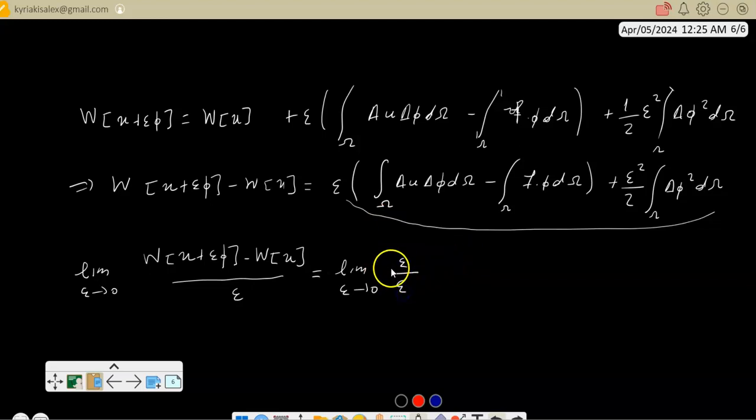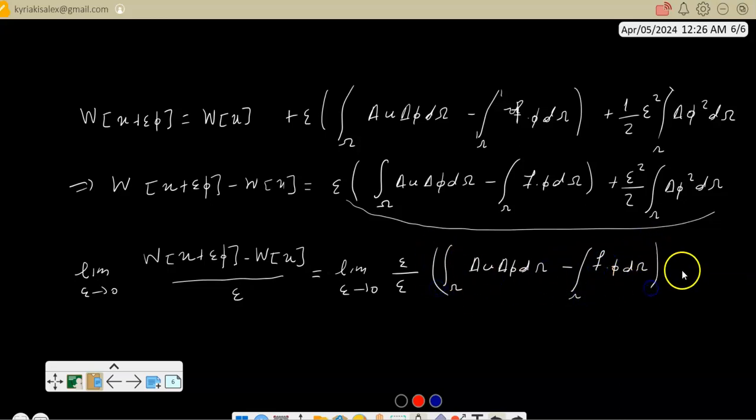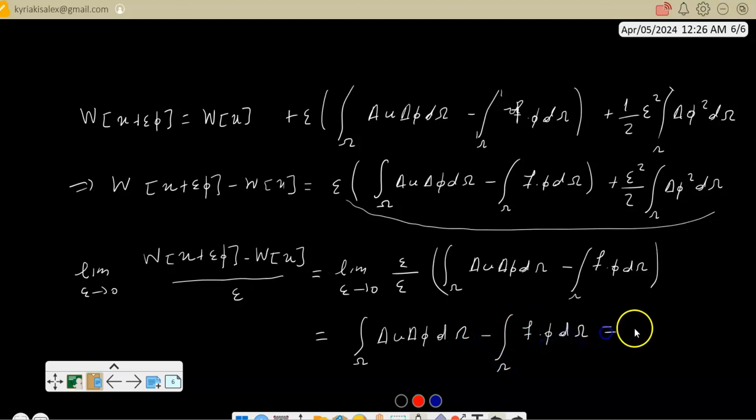this term here, the integral over omega Laplacian of u Laplacian of phi d omega minus the integral over omega f times phi d omega equals 0. And I take that equal to 0.